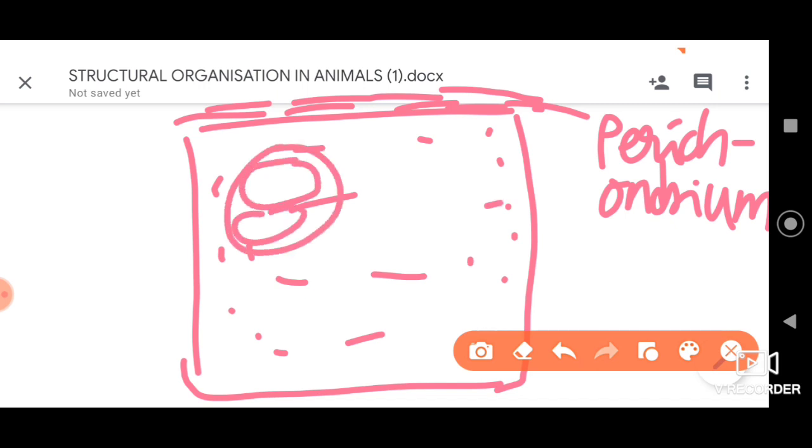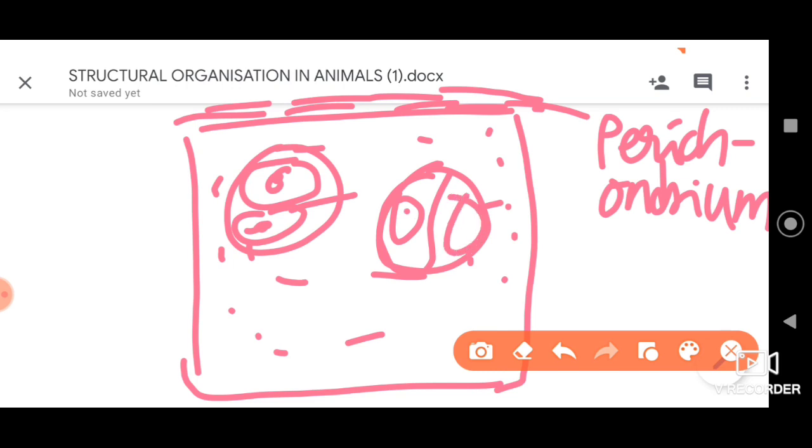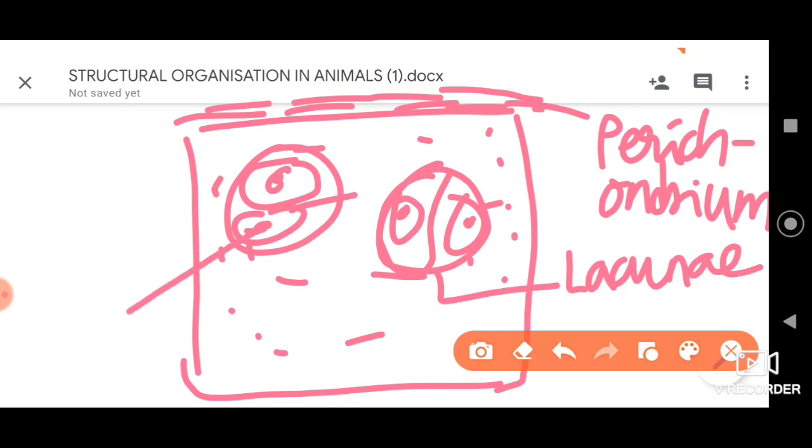Many lacunae are present, and inside the lacunae we can see the cartilage cells, the chondrocytes.